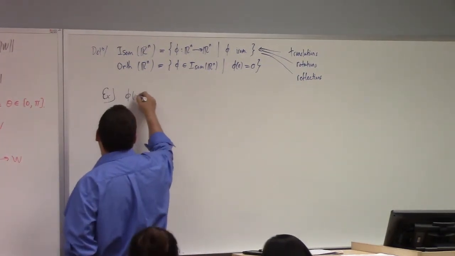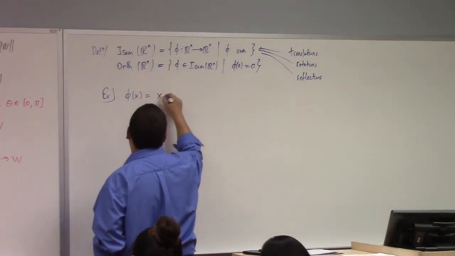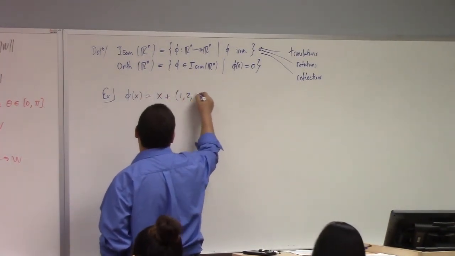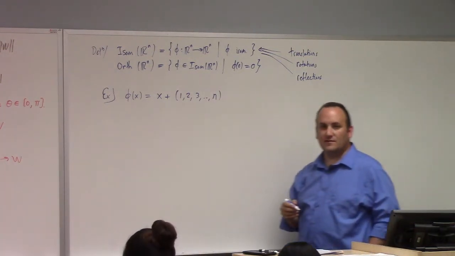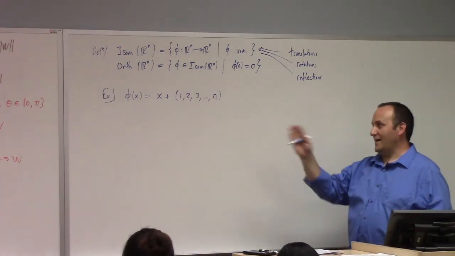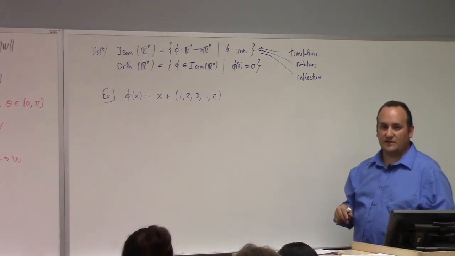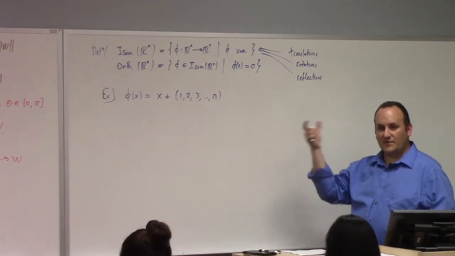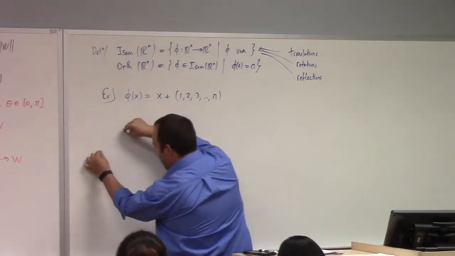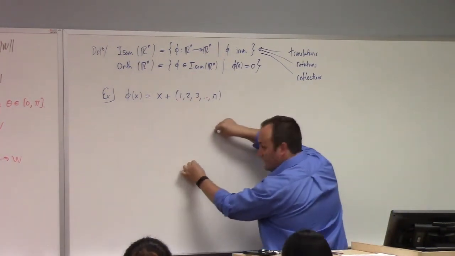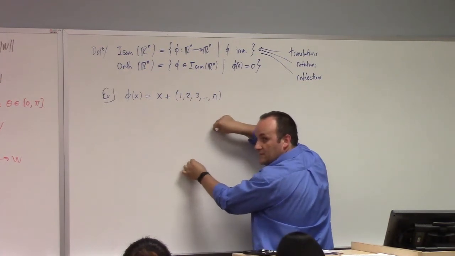So if I had phi of x equal to, say, x plus the vector (1, 2, 3, ..., n), giving an n-dimensional example, that's a translation. It will preserve the distance between points in kind of a stupid way, right? If you take two points and translate them, still the same distance between those two points.